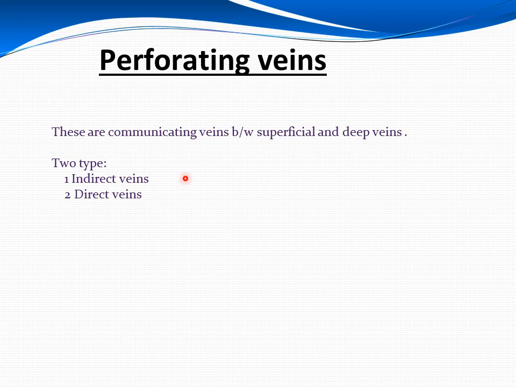That is the significance of the perforating veins. So we will see in the following slides about the positions of the perforators. Okay. So we can classify perforators into the indirect veins and the direct veins. Okay, we shall discuss about.